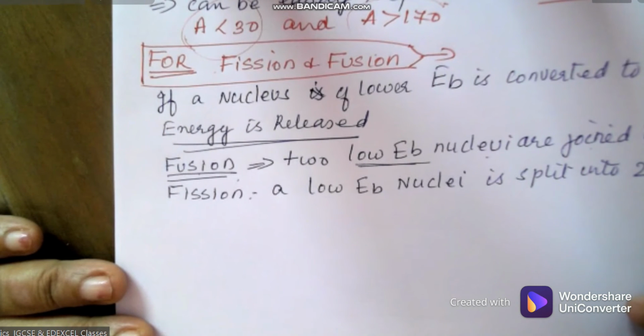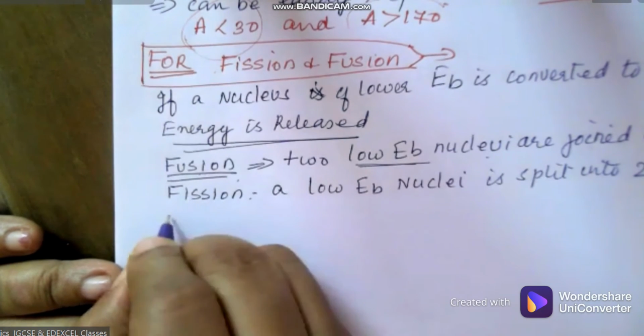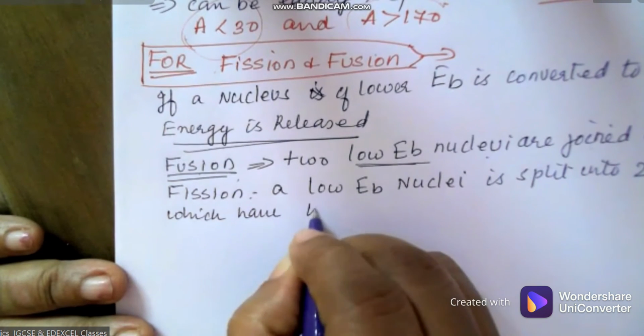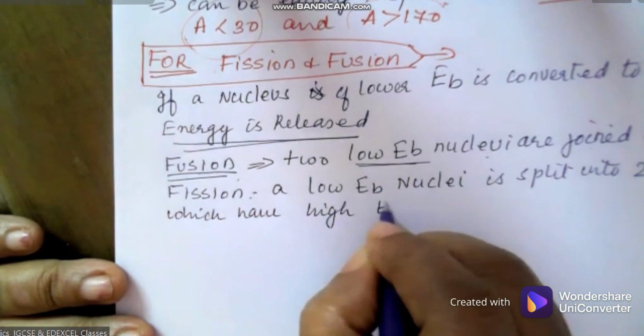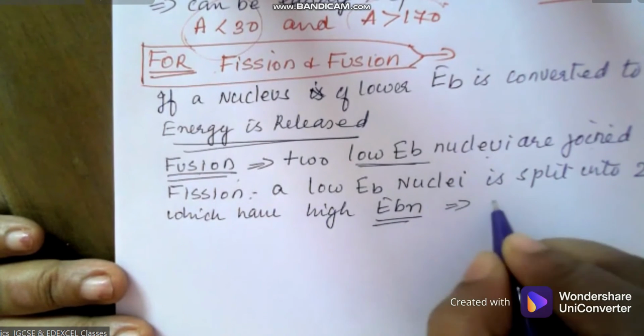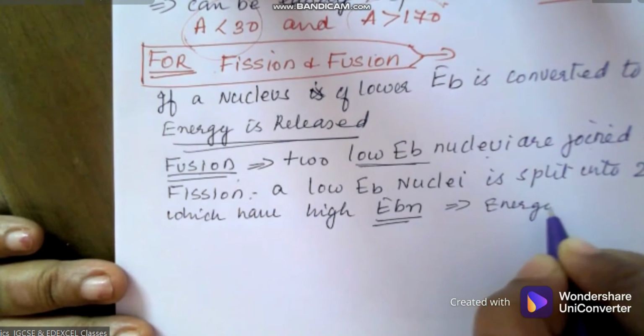There are many variations. Barium and krypton have high binding energy per nucleon. In this process also, energy is released.